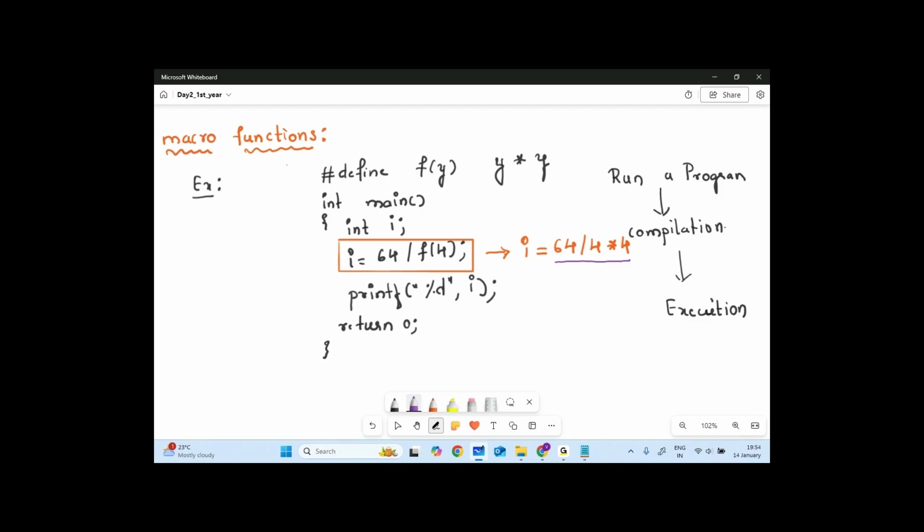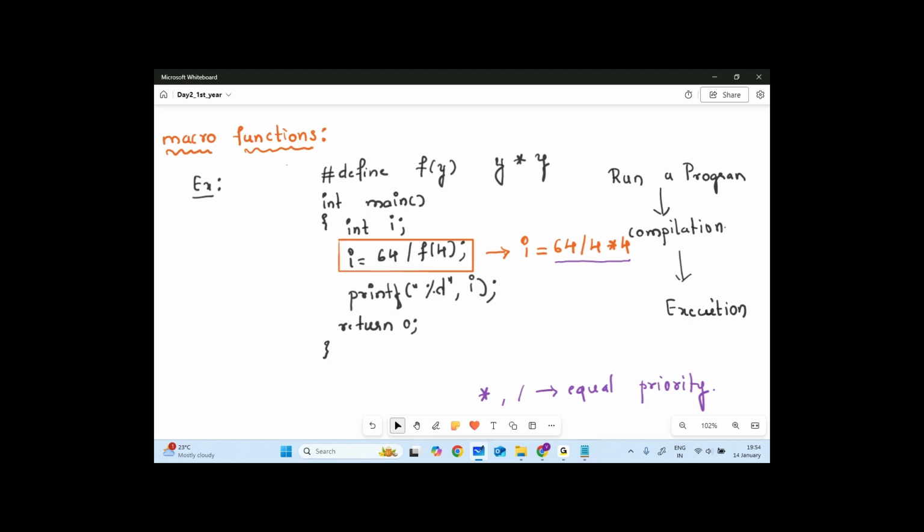Now if you look at the priority of arithmetic operators, multiplication and division have equal priority, the same priority.